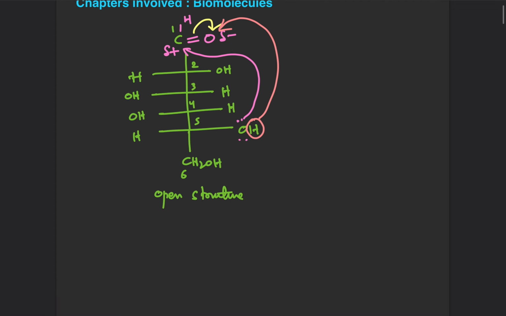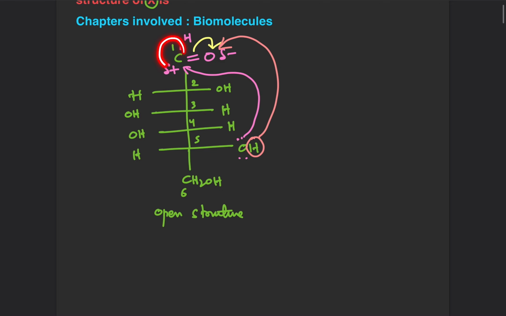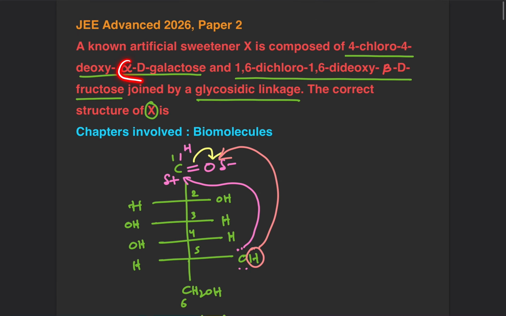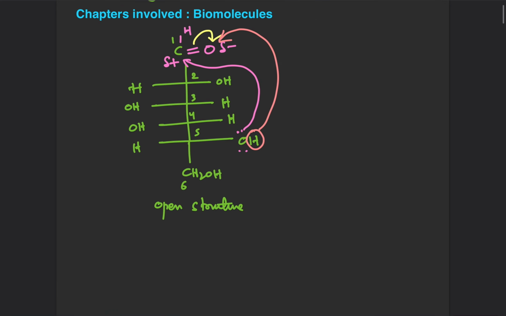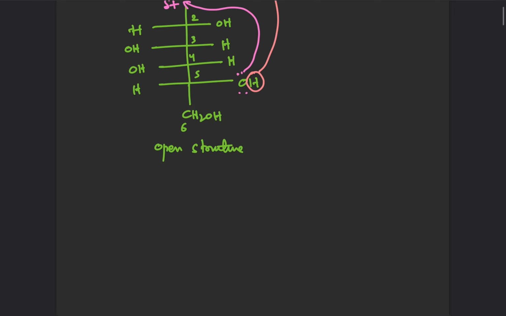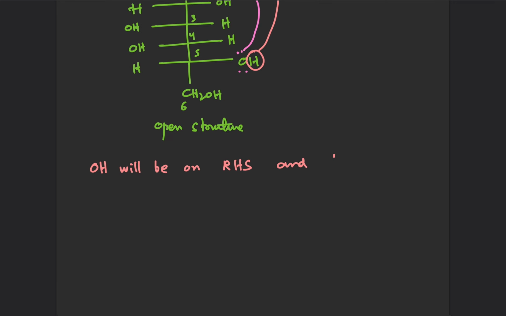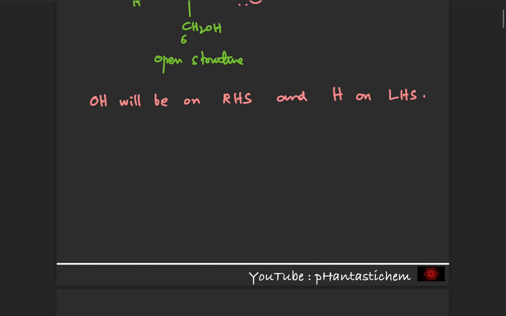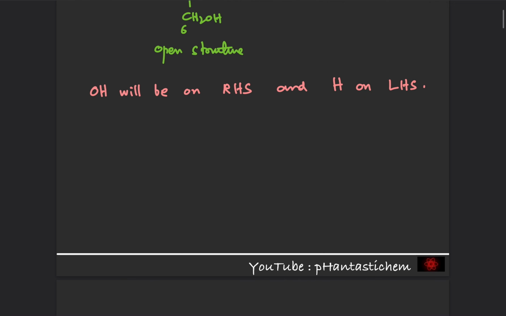So ultimately this C1, this carbon becomes chiral, and since it is alpha, it is alpha D galactose, so therefore OH will be on right hand side and H will be on left hand side.